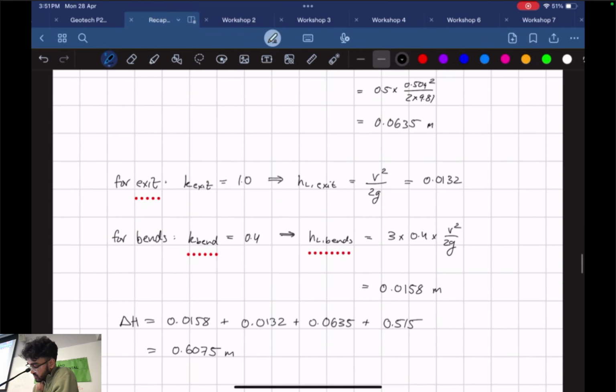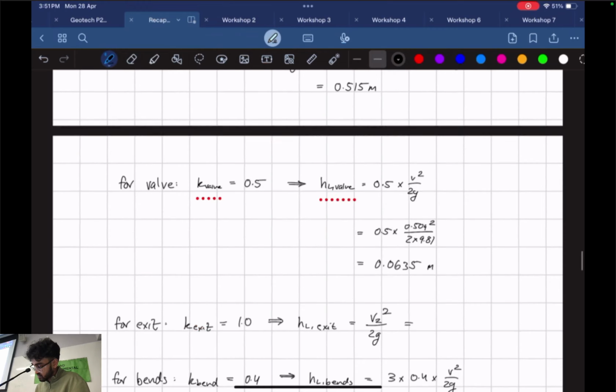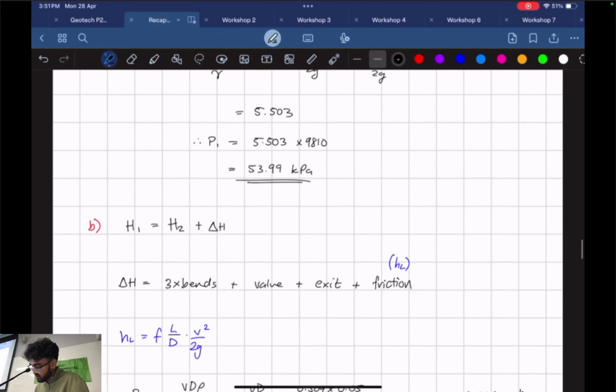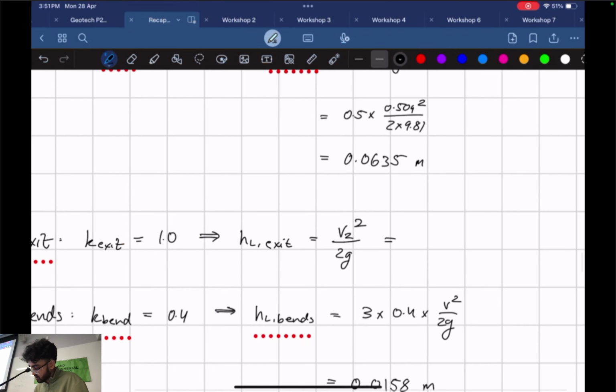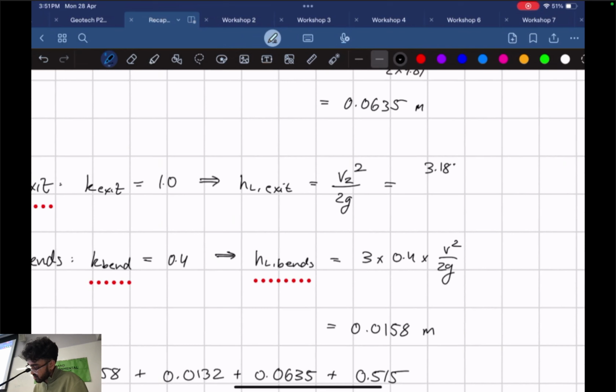So the exit, use V exit. V2, 3.183. Oh wait, actually, we don't know what that velocity is, because the velocity decreases overall. It gets lower and lower and lower, so we don't know what the velocity actually is.